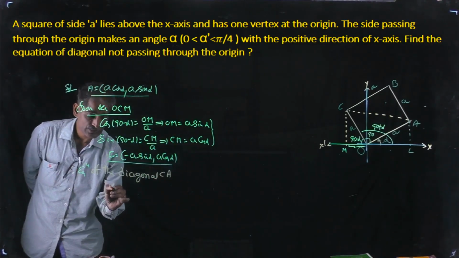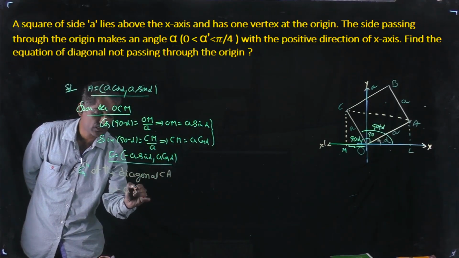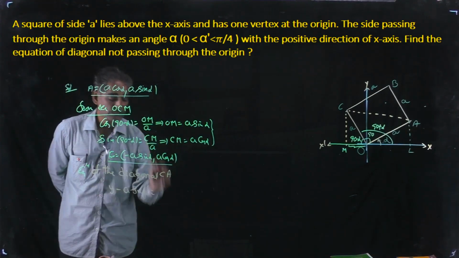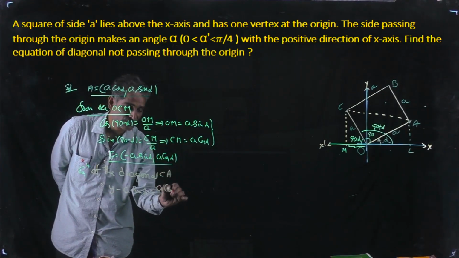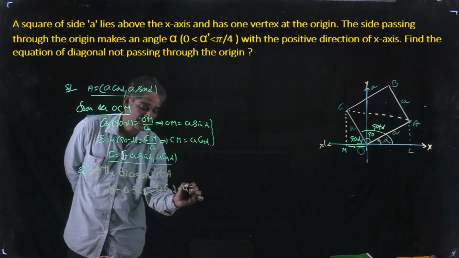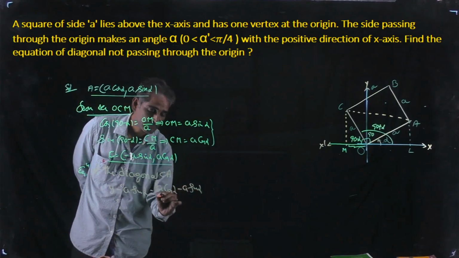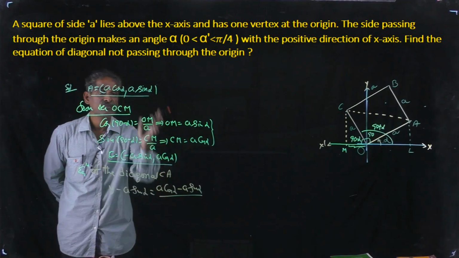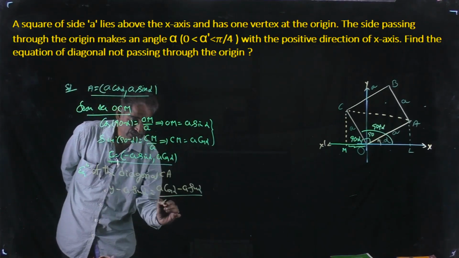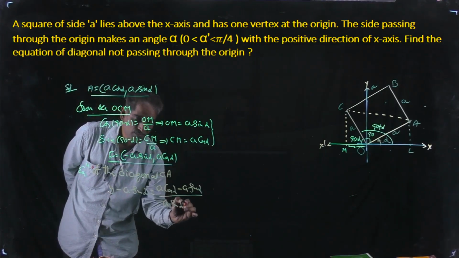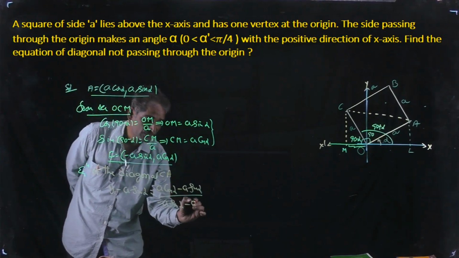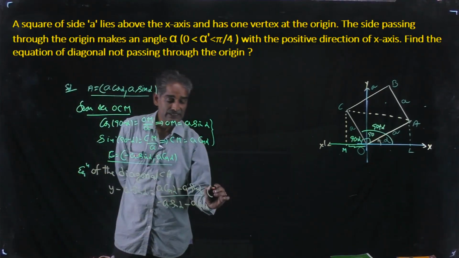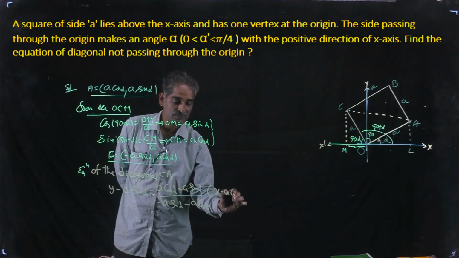y minus y1 is equal to (y2 minus y1) by (x2 minus x1), that is, (A cos alpha minus A sin alpha) by (minus A sin alpha minus A cos alpha), into (x minus A cos alpha).